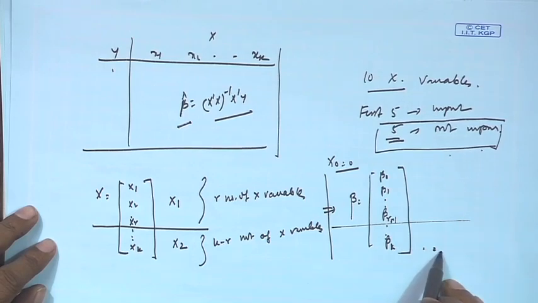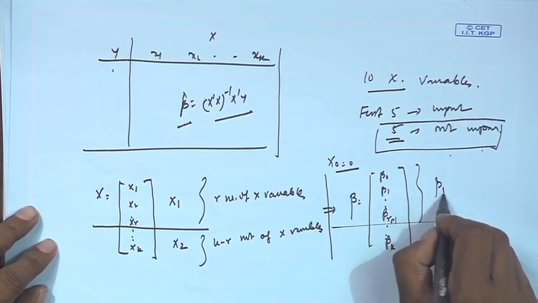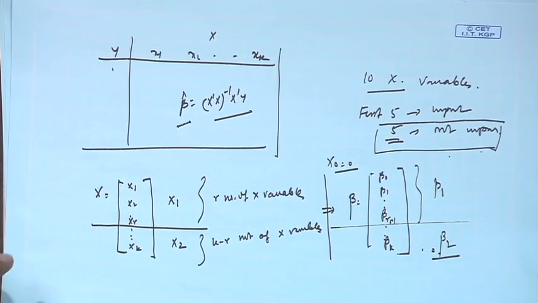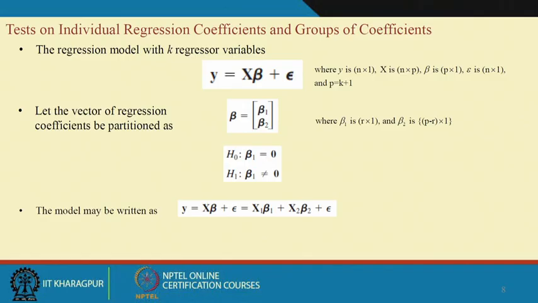So, this side is capital beta 1, this is capital beta 2. That is what is denoted here. Here you see beta equal to beta 1, beta 2 like this. Now, your test is that these r number of regression coefficients, considering x0 I am saying, are not significant, then H0 is beta 1 equal to 0, and obviously the alternate hypothesis will be H1: beta 1 not equal to 0.